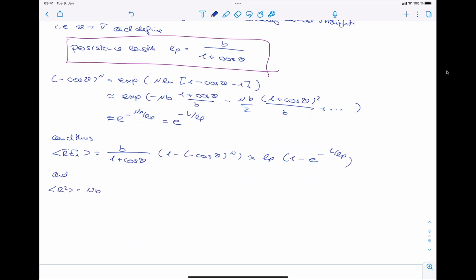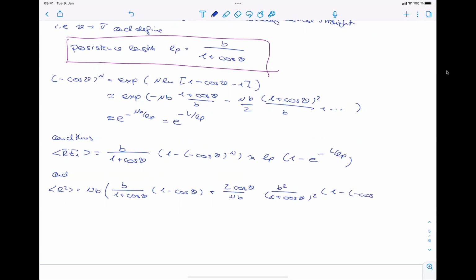So let me copy down in terms. So we had b over 1 plus cos theta. We had a 1 minus cos theta. We had a 2 cos theta over n b. Another b squared over 1 plus cos theta squared, and 1 minus cos theta to the power of n.